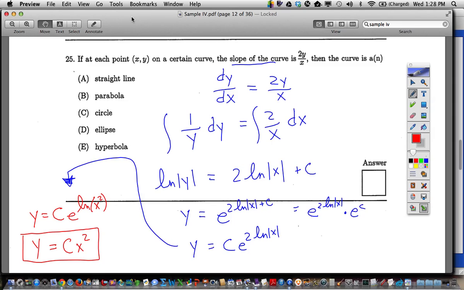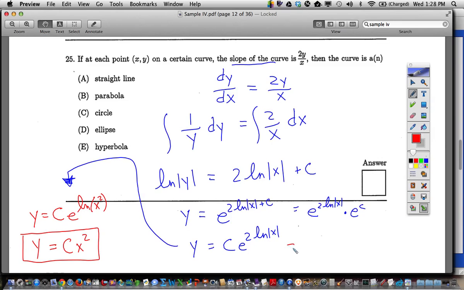There was a problem I almost ran into with e to the 2 ln of x. At first, I just wasn't thinking about the problem. So, if you split those two up, like e squared times e to the ln, is that a bad thing?